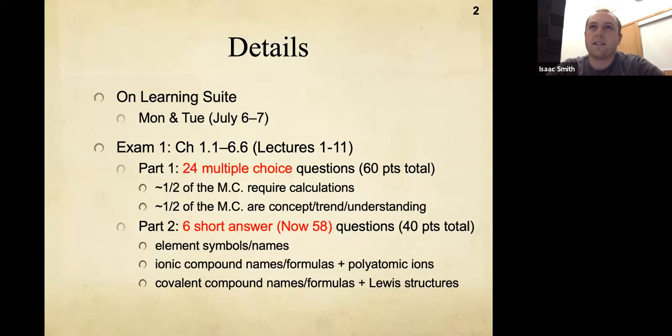So the questions basically require you to draw it out on your own and then answer a few questions about that Lewis structure. That way I can still test you on drawing Lewis structures. I think that's the best way I'm going to be able to do it for now. But those are the concepts that will be on the short answer portion.